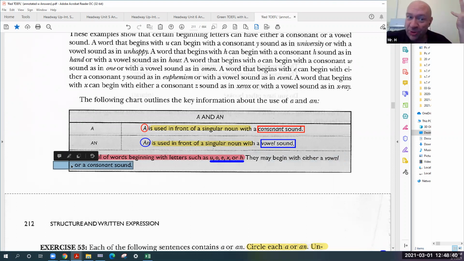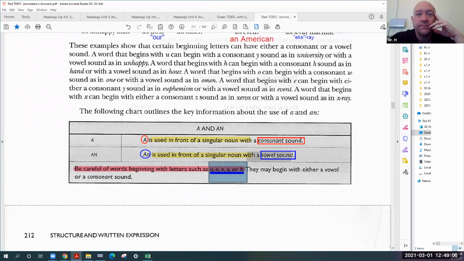This will help you a little bit. Why should you remember these letters? U, O, E, X, or H. Because they have two sounds.